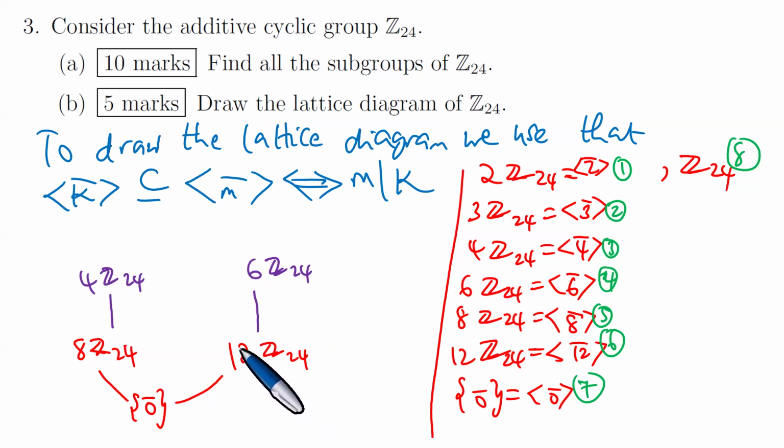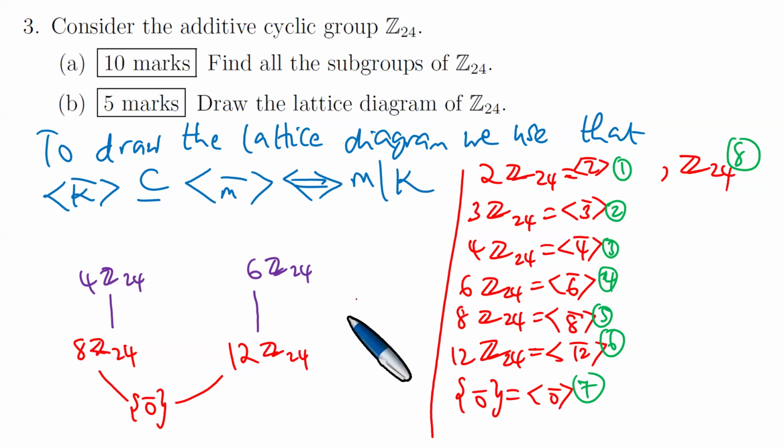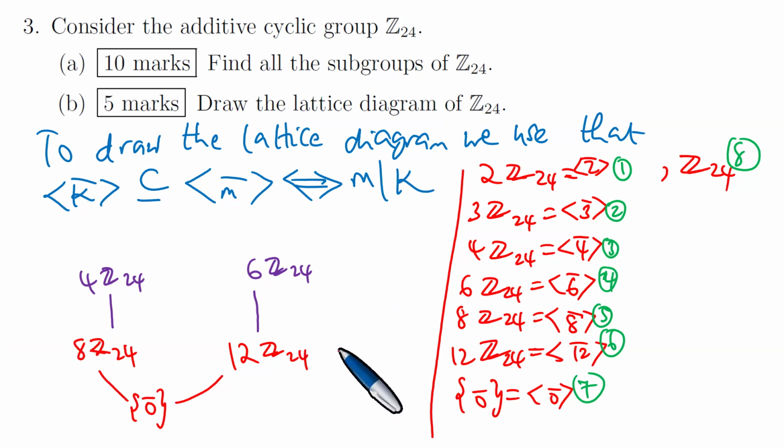Okay, can I write the orders in a color? I want to write the orders in a given color. Okay, so now the order is 2 here. It's going to be so confusing, too many numbers, but I'm going to write order 2.